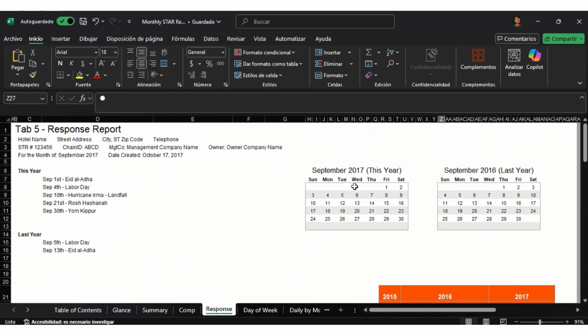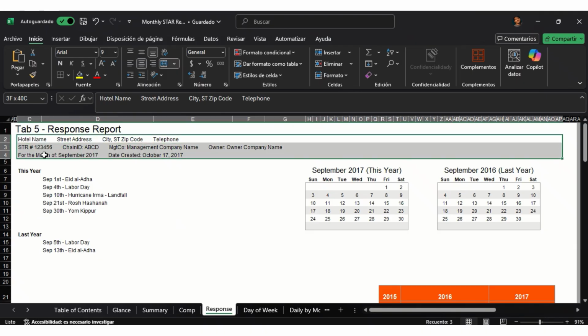And we also give those important festivals or important dates in each year or each month. For example, this year we have all of these. Last year we only have 2, and we can see here. And that's it. In every tab we have this information that I explained in the first one.